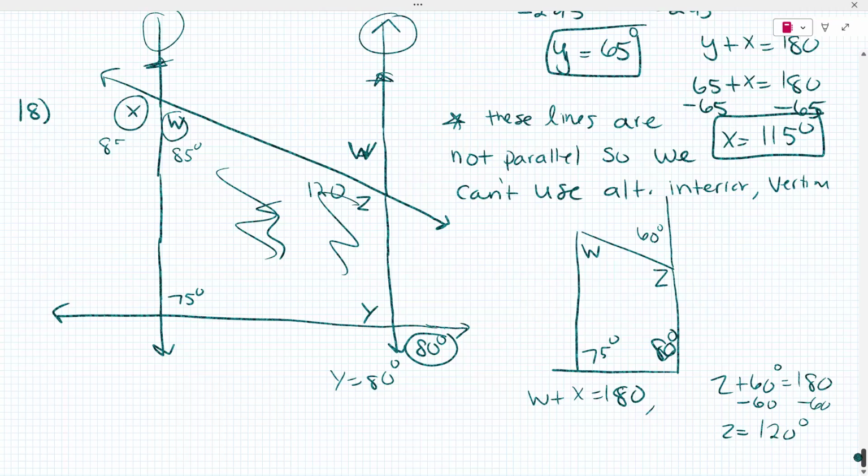Oh, I know. I know that Z plus W is going to be 180, right? Wait, I know that Z plus 60, so I know that Z is 120. So I think what I did to find W was subtract from 180.